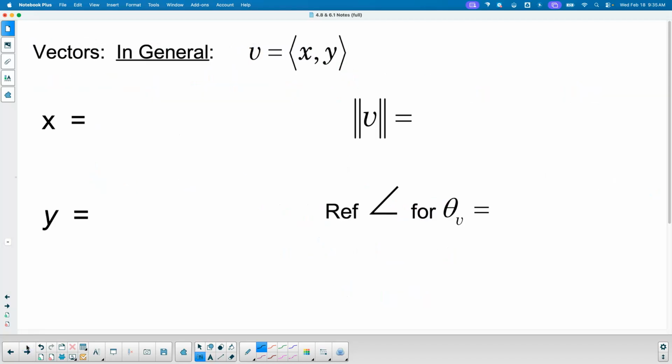So, what we've learned so far in this 35 minutes of class today is that if we've got a vector v of the component form x, comma, y, then that is also xi plus yj, the linear combination form.